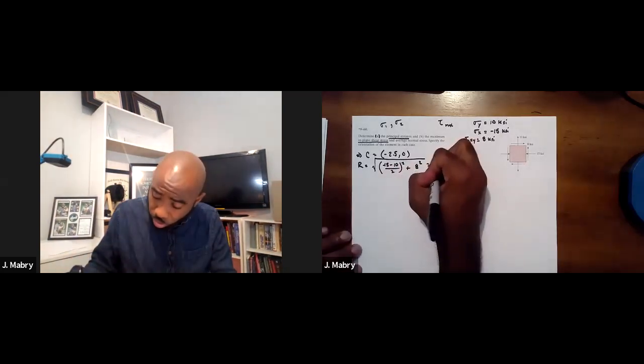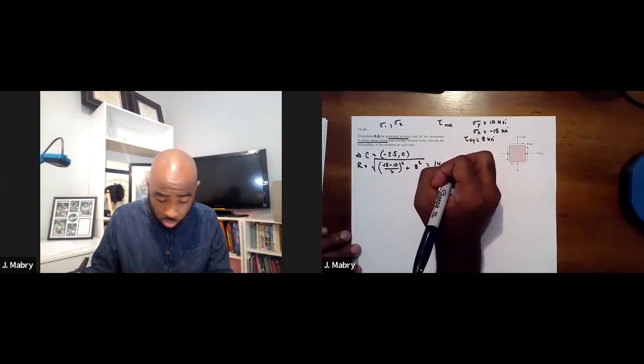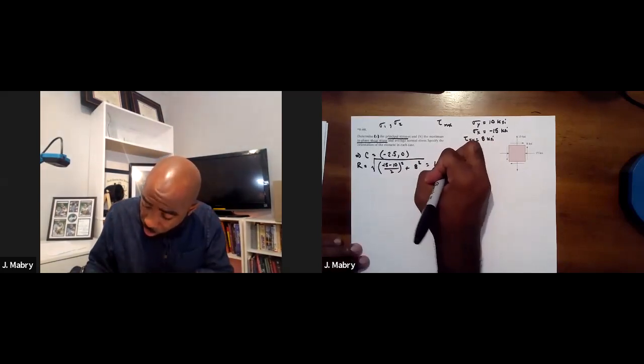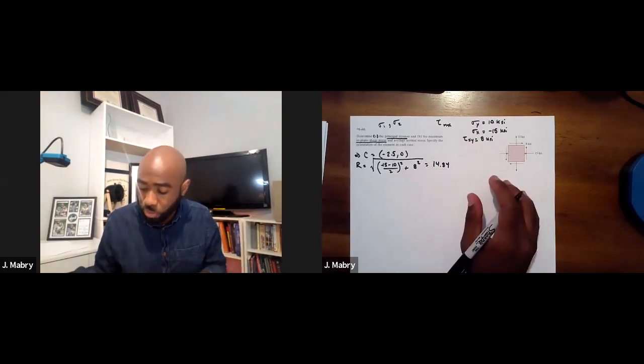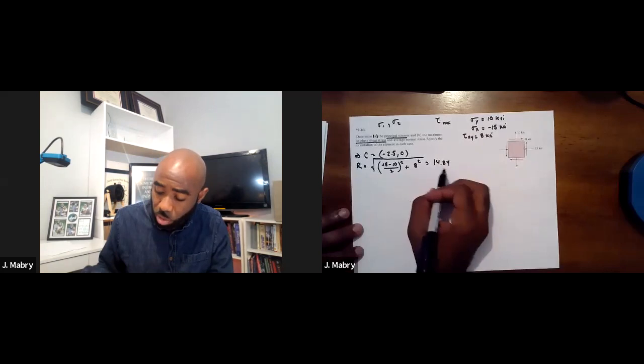If your calculator agrees with mine, your answer in this case should be 14.84. That is the radius. The range is going to be plus or minus that.